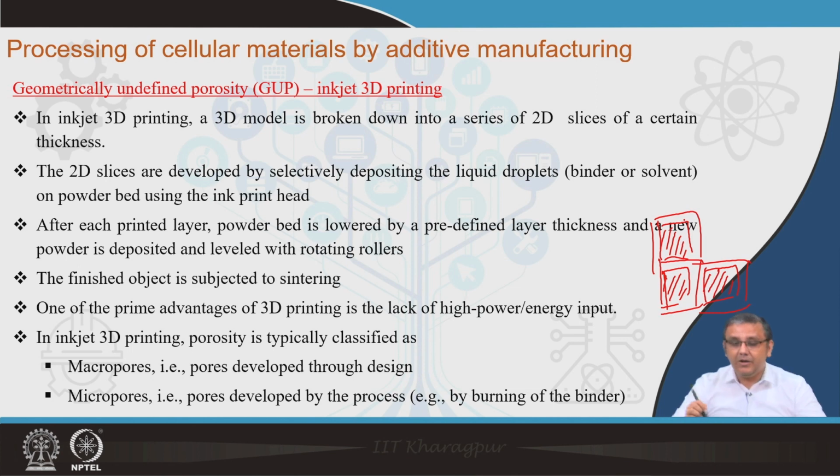However, because we are doing this fabrication depending upon the process parameters, there will also be pores remaining between the struts. These fine pores which remain in the struts, not the large pores between the struts, are known as the micropores, and these are the GUP pores.